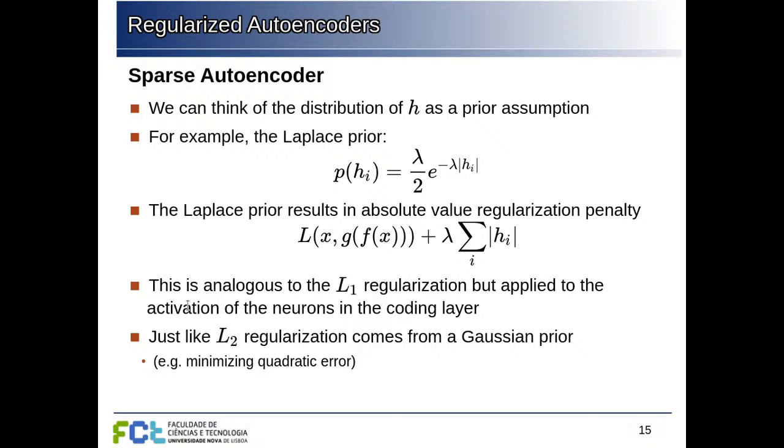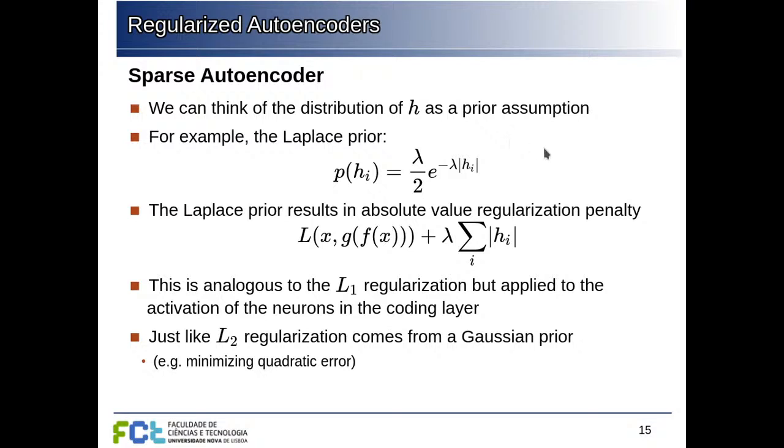So instead of using it on the weights as we saw before, we are using it on the activation of the neuron. So basically we can also obtain similar results by penalizing the absolute value of the activation, and this is the same as using a Laplace prior. So sometimes you can see this discussed in this way in the literature.